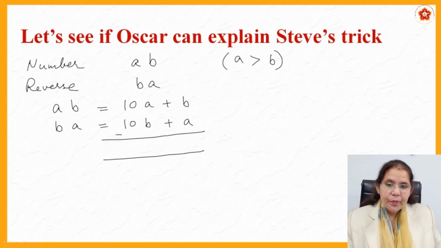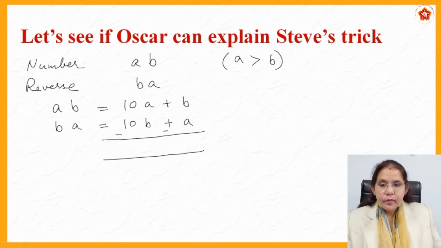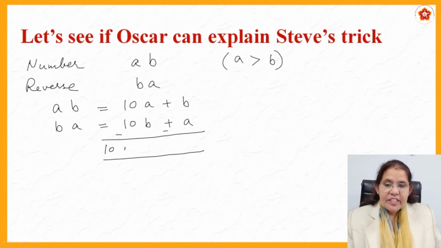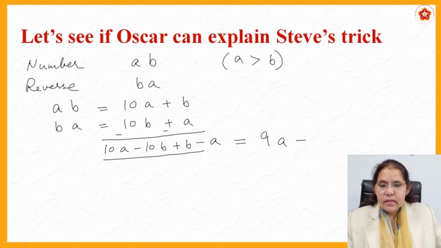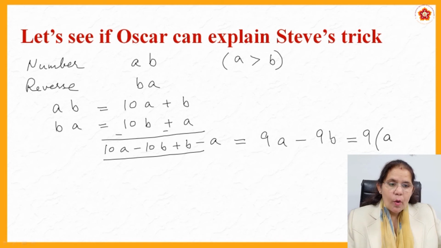Subtract the two. We will get 10A minus 10B plus B minus A. If you look at it, it becomes 10A minus A is 9A, minus 10B plus B, it will be minus 9B. 9 is common, we get 9(A minus B).